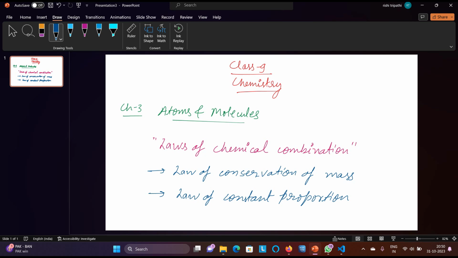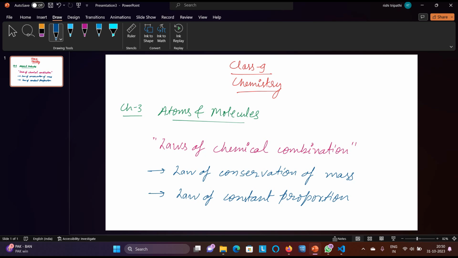In ninth class, these two laws are present in detail, and the other laws you will understand in detail in the 11th class. So remember these two laws.